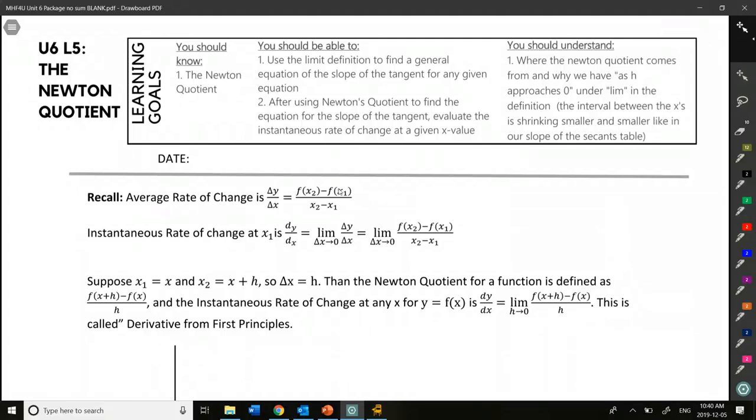All right. So we have a couple lessons left in this unit. So far, we've done a little section on rational equations and inequalities. Then we talked about rates of change. This is an extension of instantaneous rates of change.